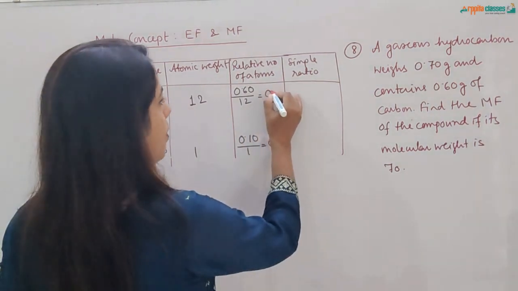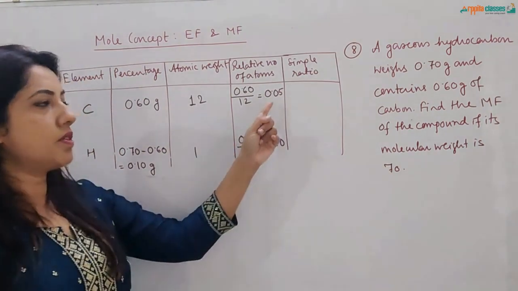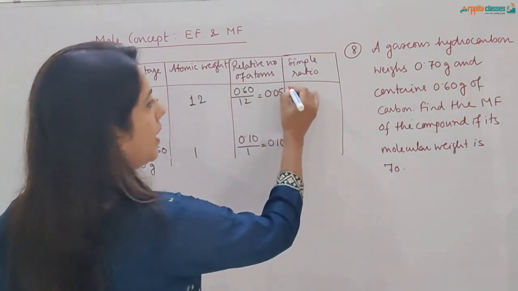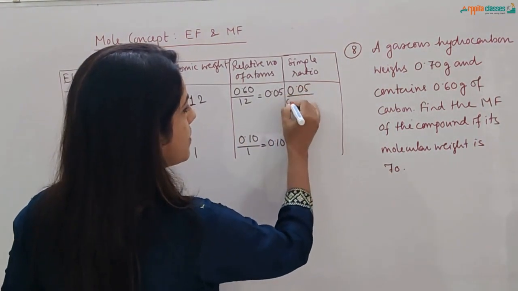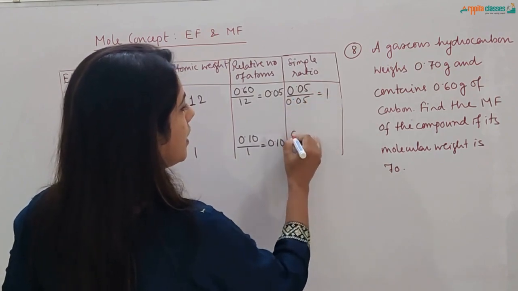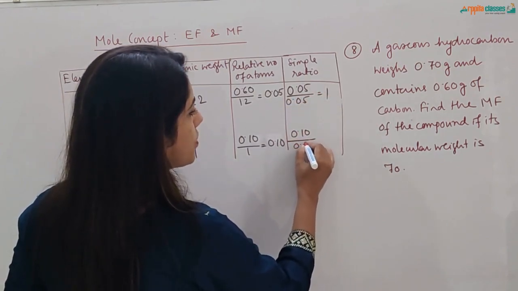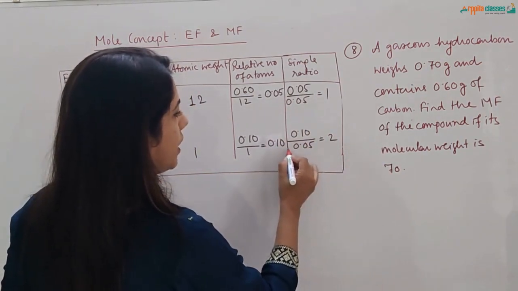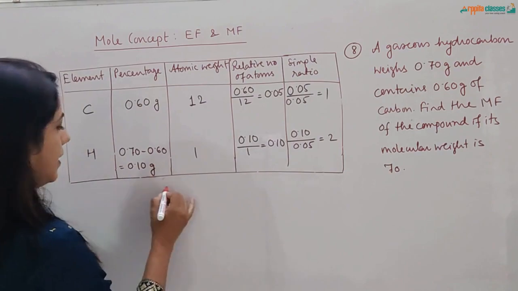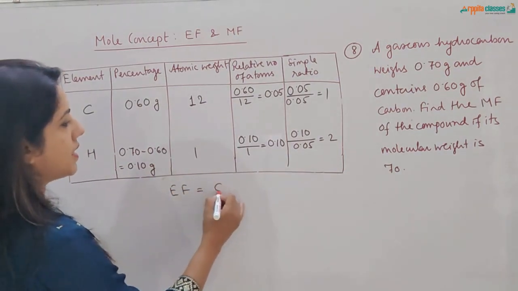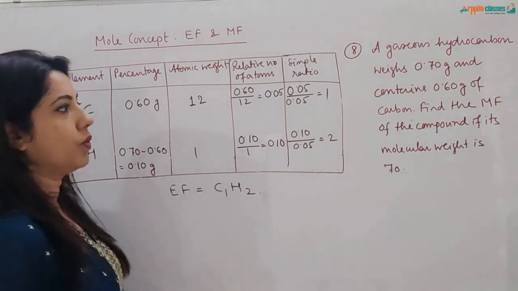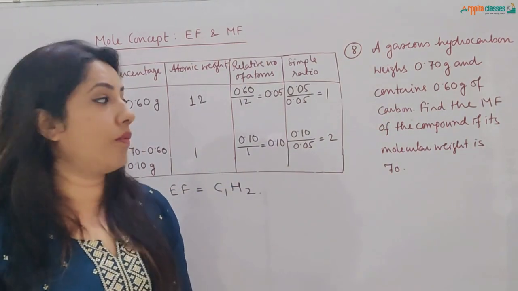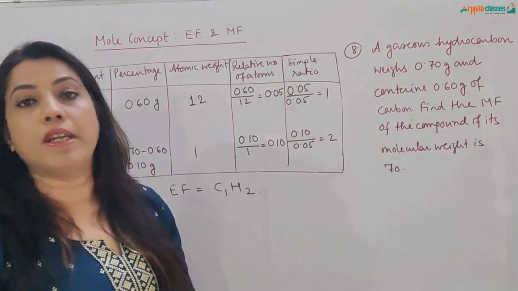So the least value is 0.05. We'll divide everything by 0.05. 0.05 upon 0.05 is 1. 0.10 upon 0.05 is 2. So we got the ratio of the atoms, and therefore the empirical formula is C1H2. Now they are saying find out the molecular formula, and its molecular weight is given 70.